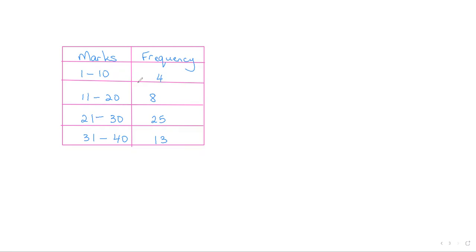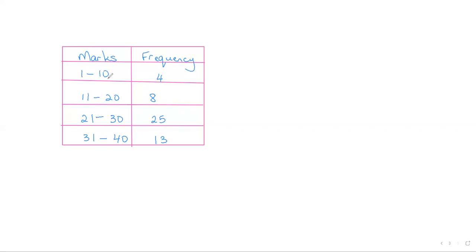Now, to find the median, the mode, and so on using either of them, it's going to be the same thing. But what you have to understand is that this represents a group of numbers, right? So for example, 1 to 10, 4 people got between the marks 1 and 10.